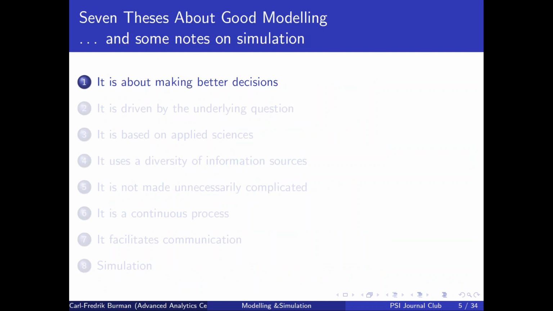So we set out, Johan Wiklund and I, in 2011 to formulate 7 theses about good modeling. I think it's important to understand that modeling means a lot of different things to different people. EMA is talking about modeling and what they would like to see in modeling. We have the regulatory purposes. We have the payer purposes, which is not completely, but quite different.